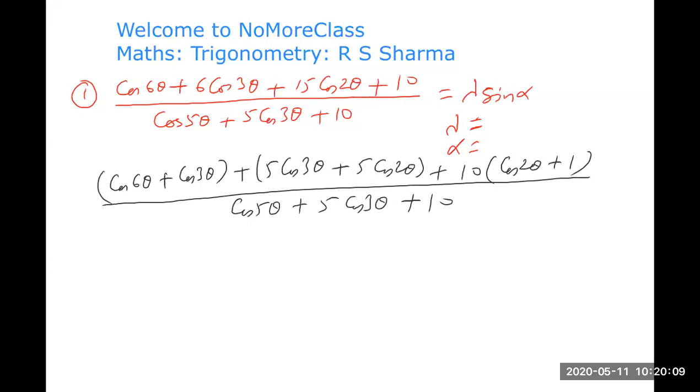So now cos c plus cos d is 2 cos (c plus d) upon 2, 6 plus 3, 9 theta by 2, into cos (c minus d) upon 2, 3 theta by 2.